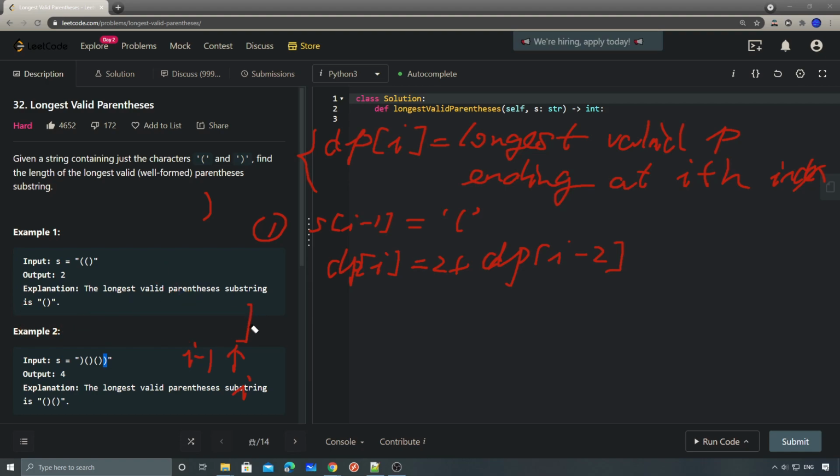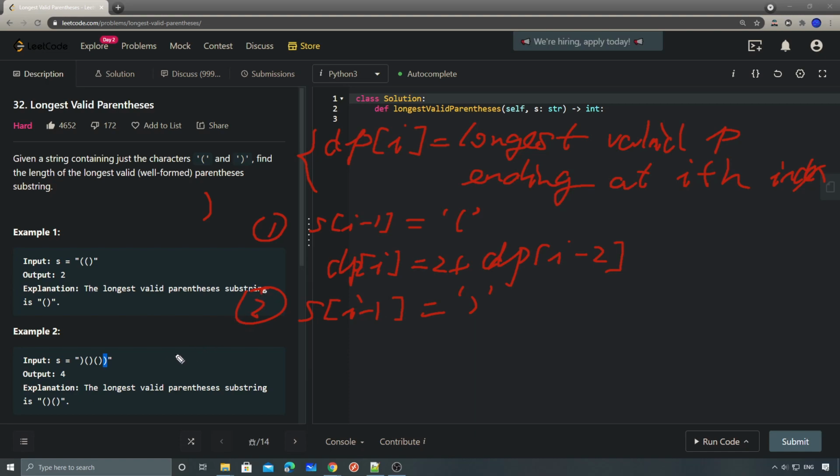And the second case, of course, is if s[i-1] is equal to the right parenthesis. So this one is a little bit complicated, because for this one we need to use dp[i-1] to help us come up with the state transition function.